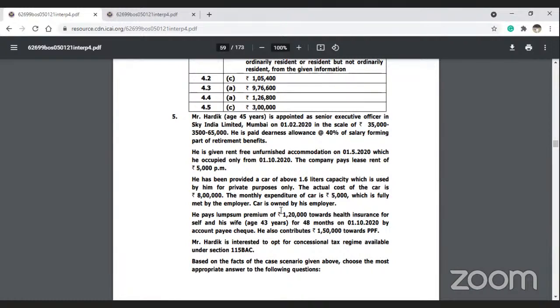In case where mediclaim premium is paid in lump sum for more than 1 year, an individual to effect or keep in force an insurance on the health of his spouse, dependent children or parents, then the deduction allowable under this section for each of the relevant previous year would be equal to appropriate fraction of such lump sum payment.